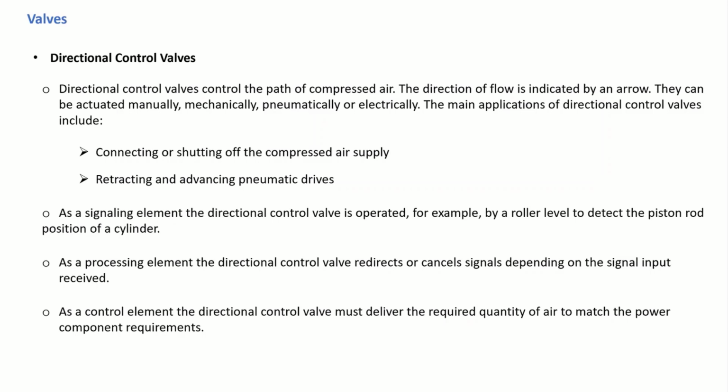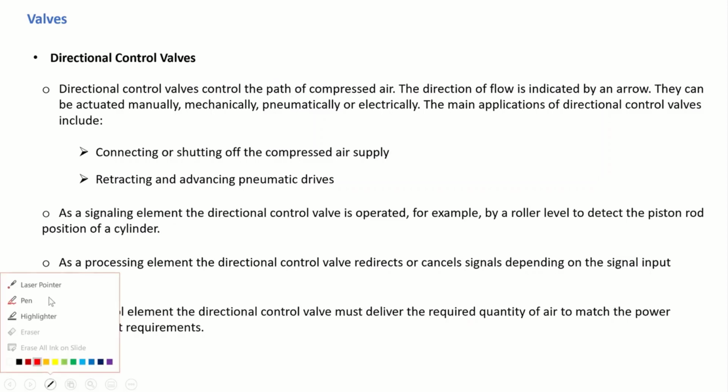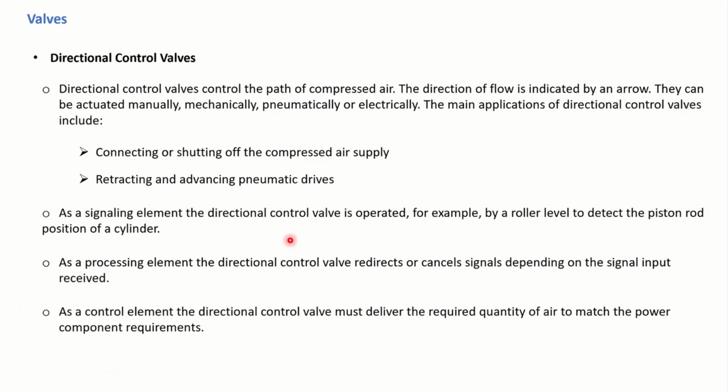Directional control valves control the path of compressed air. The direction of flow is indicated in general within a directional control valve by an arrow. Let me bring the pointer. They can be actuated manually, mechanically, pneumatically, or even electrically.